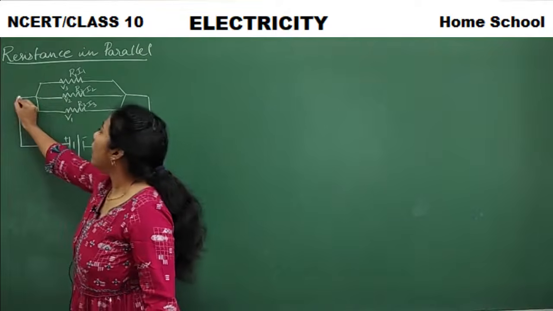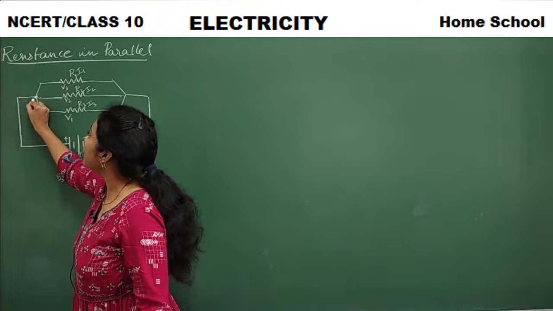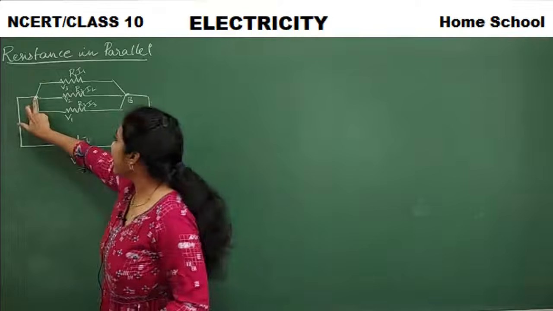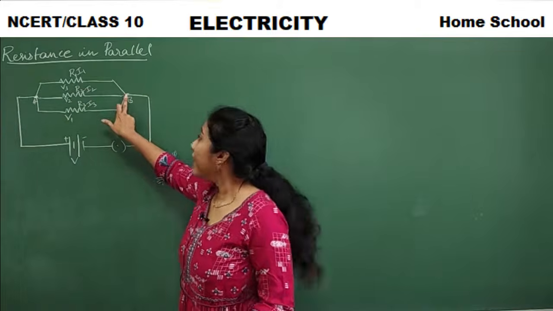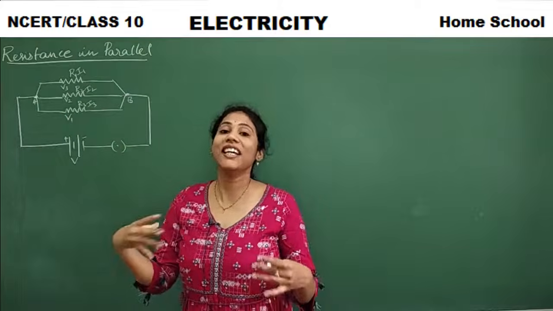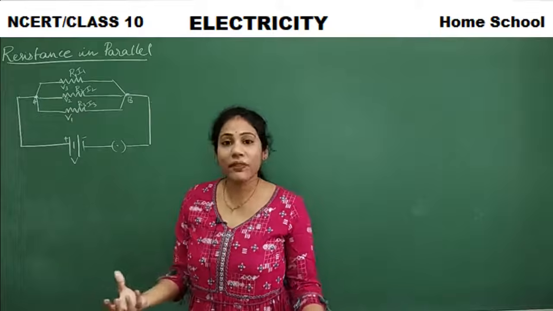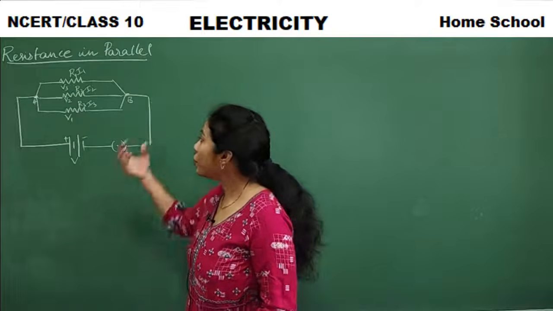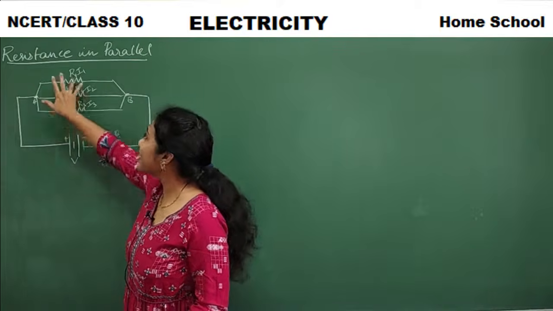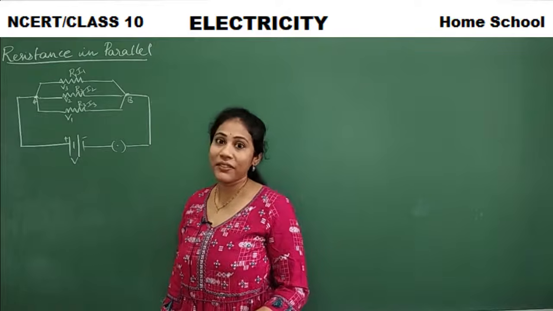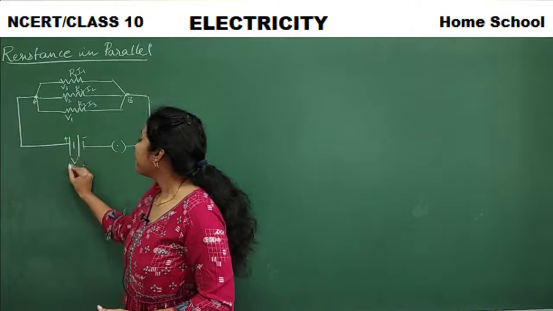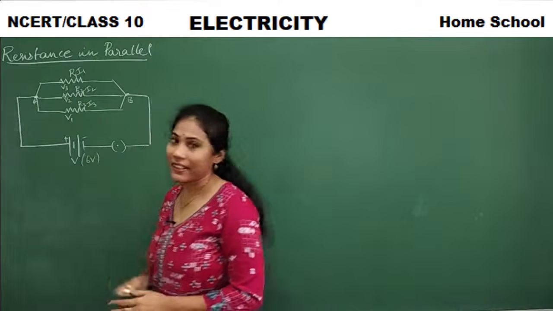You see here, all resistors have been connected to the same points. This is point A, point B, right? So this is like the end of the wire, and between point A and point B you will have that electric pressure difference, that is what we call voltage. So definitely the voltage remains constant across the three resistors. Say for example, we have taken a 6-volt battery here.